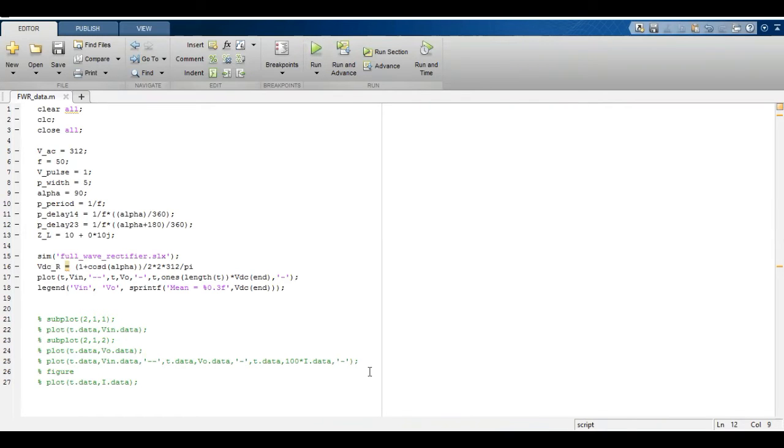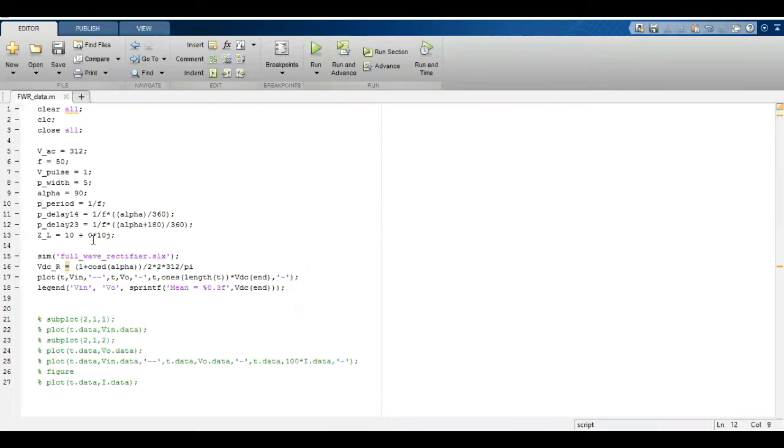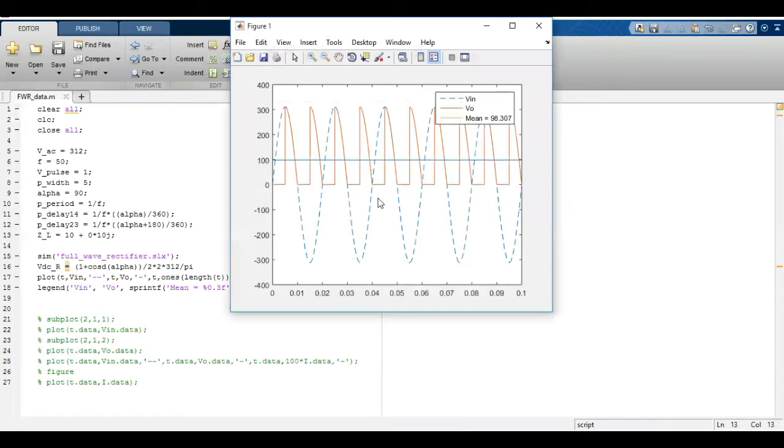So first case is the case when I have only the resistive load, because the imaginary part is made 0. So this is the final result, and the mean value that I have obtained is around 100, and this dashed curve is showing the input, and this is my output.